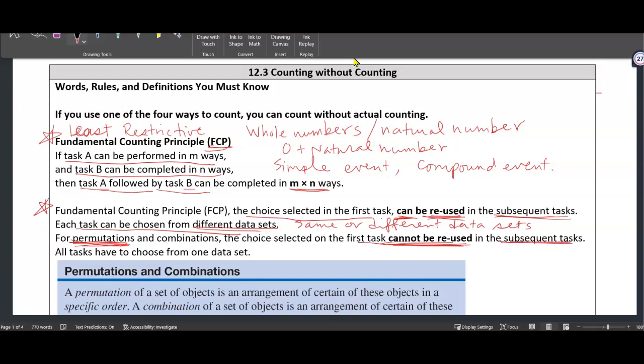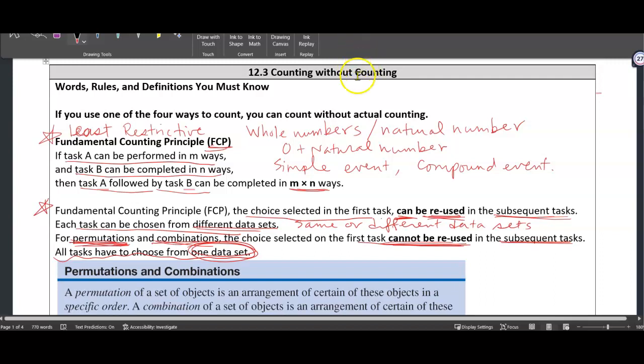Of course, that applies to combination as well, and all tasks have to be chosen from the same data set, one data set. Otherwise, this doesn't work. So permutation and combination have both requirements: choices cannot be reused, and it has to be from the same data set. Permutation and combination have the same prerequisite.